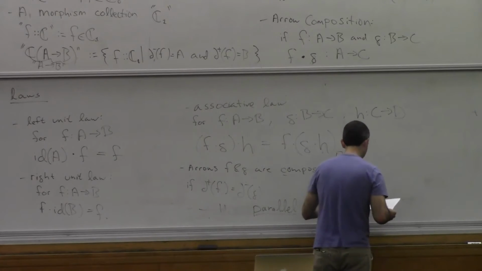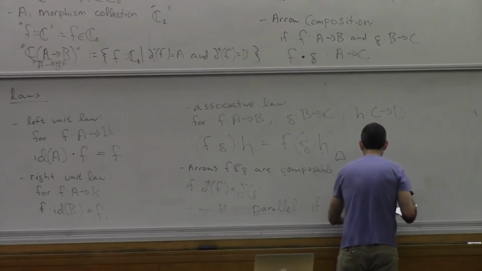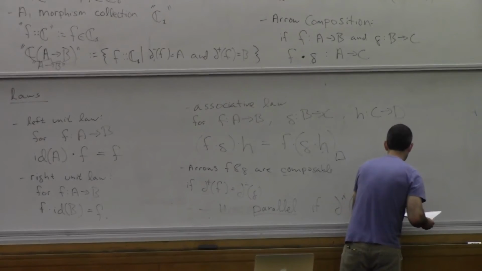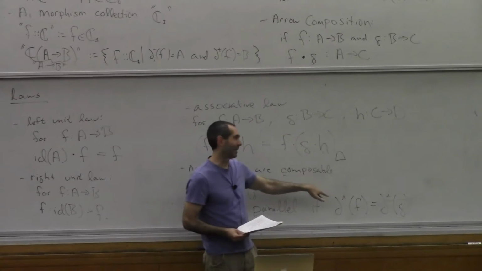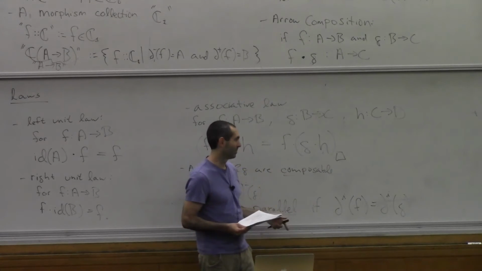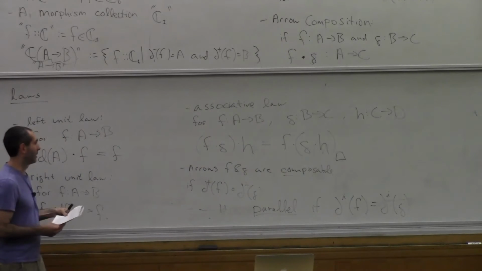So, a slightly fancier name is... so I'm saying for i ranging over minus and plus, they have the same domain and the same codomain. That's what makes them parallel.